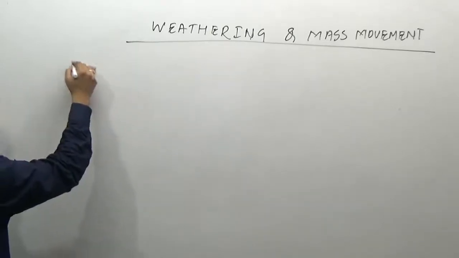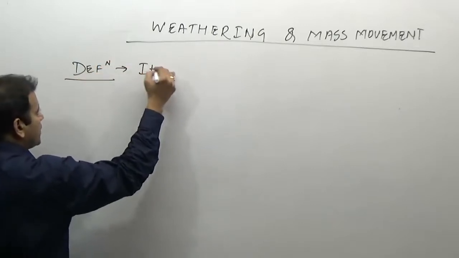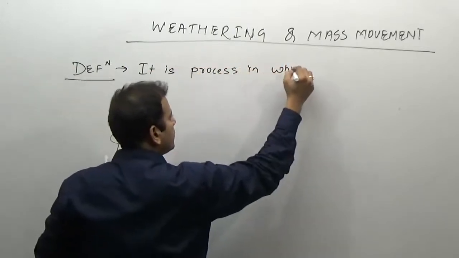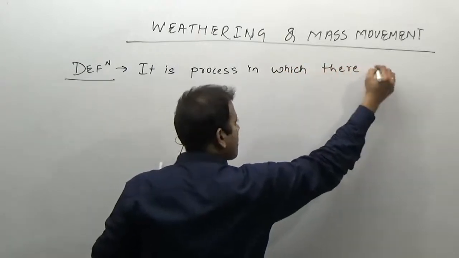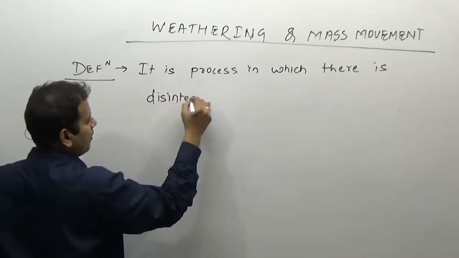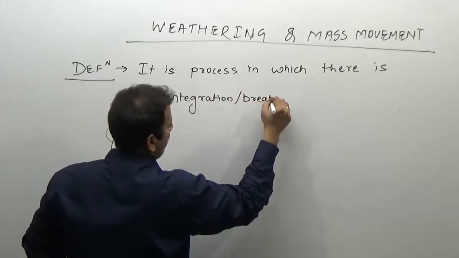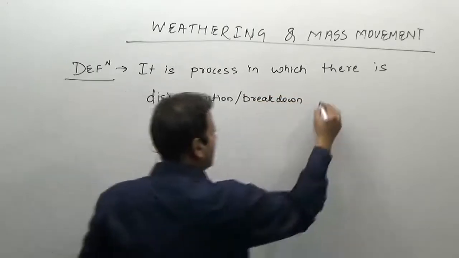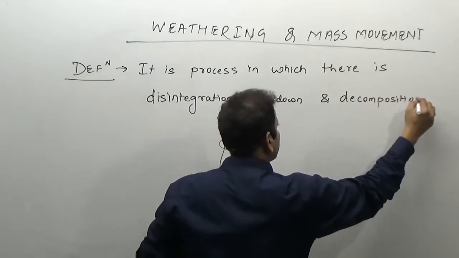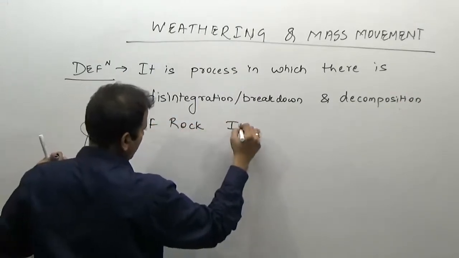So how can we define weathering? It is a process in which there is disintegration, that is breakdown, and decomposition of rocks in situ.